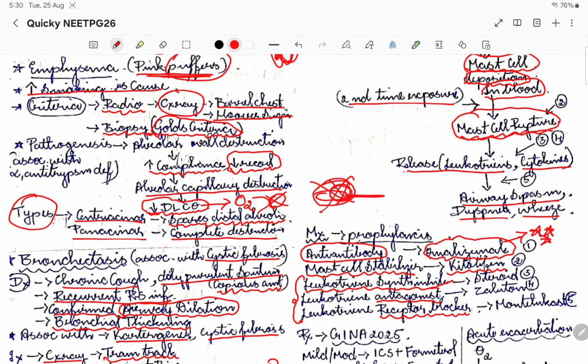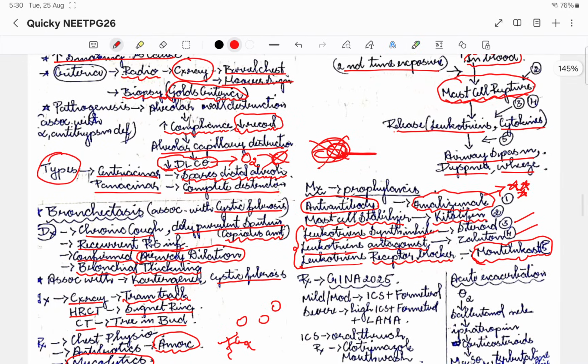The synthesis inhibitor is steroids, the antagonist to leukotrienes is zileuton, and the receptor blocker is montelukast. You know montelukast with levocetirizine that we give in cough patients with wheezing. The main action is reducing leukotrienes or blocking leukotriene receptors.